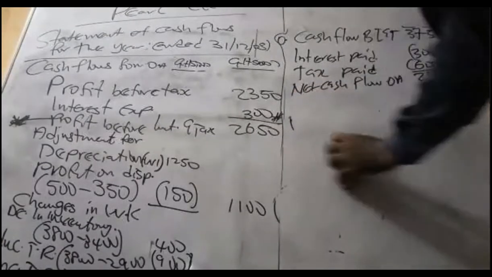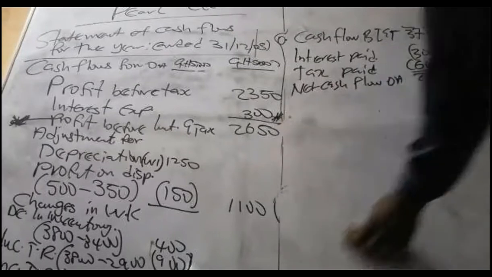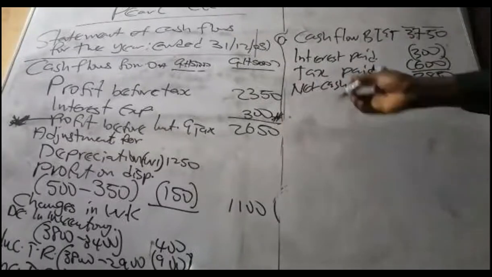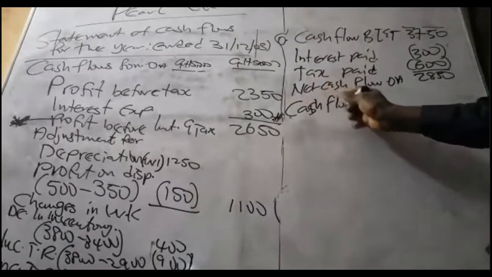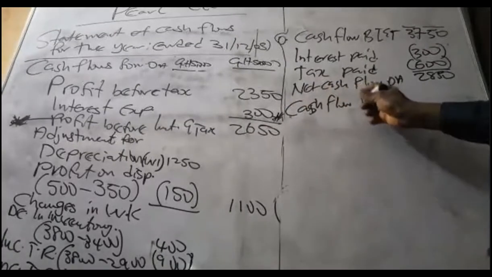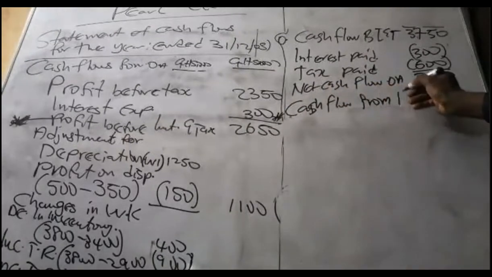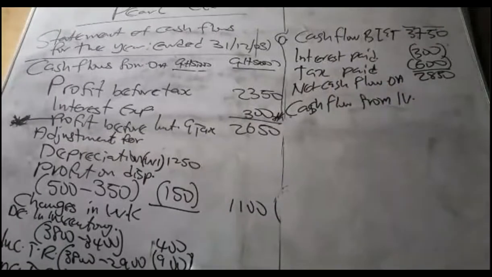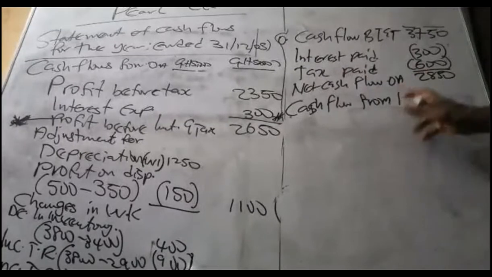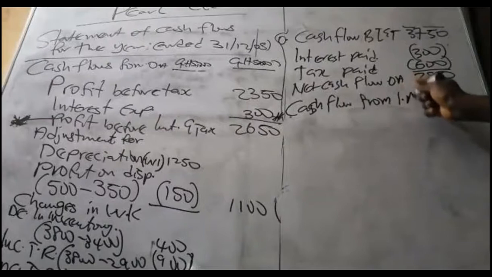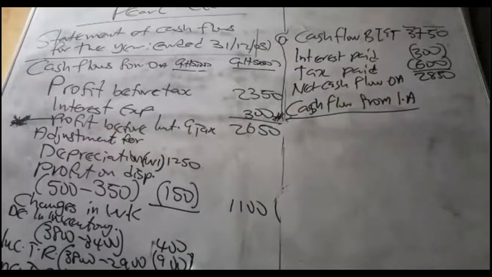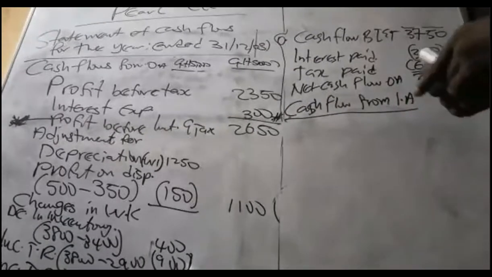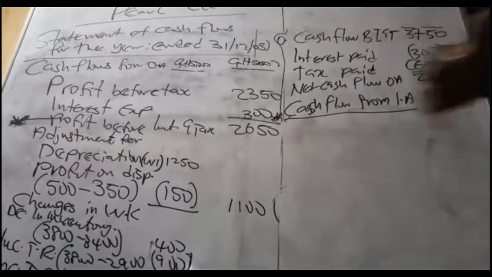We are going to write cash flow from investing activities. Now with the investing activity, we say it talks about non-current assets. Everything about assets. Buying assets, selling assets. That's all.